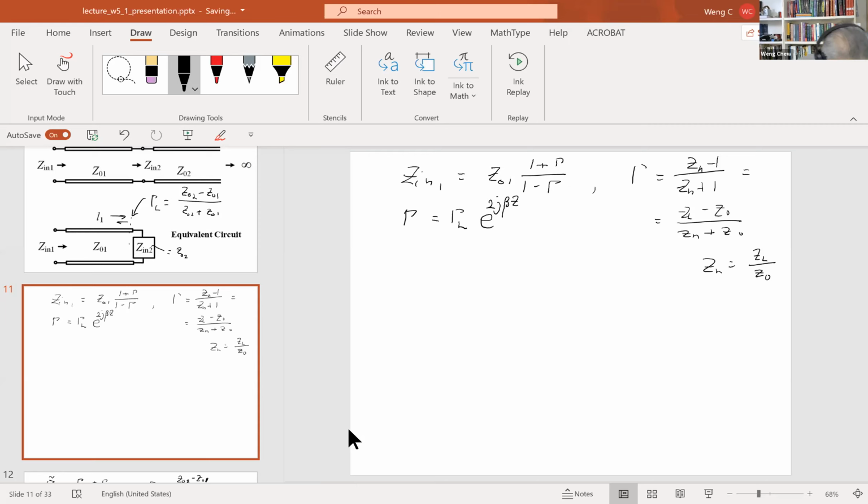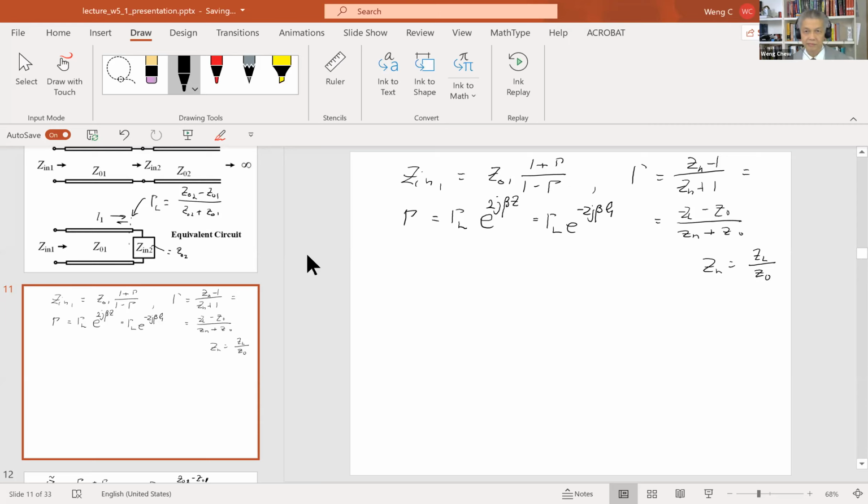But in transmission lines, we always measure from the origin and then we always go to the left. We always go to the left and then we say that the location where we are doing the measurement is at minus L1, z equals minus L1, then we call this gamma L e to the minus 2j beta z, where z has been replaced by L1.